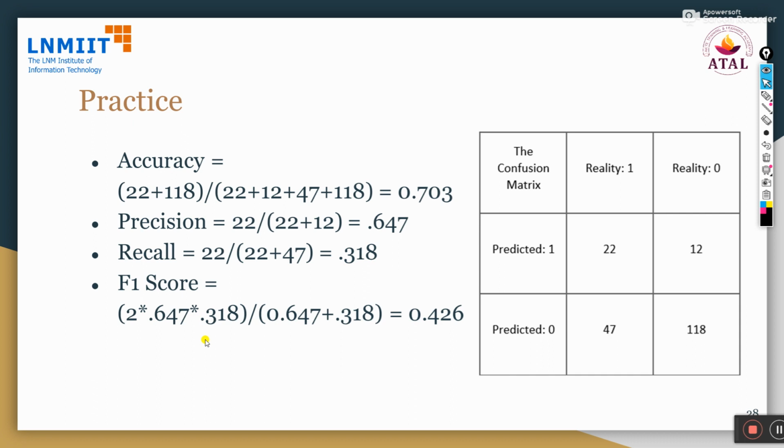And then if instead of 0.318 we have 0.98, obviously this value will decrease, because the numerator is increasing and the denominator is also increasing, but because of the denominator we are going to decrease that value.